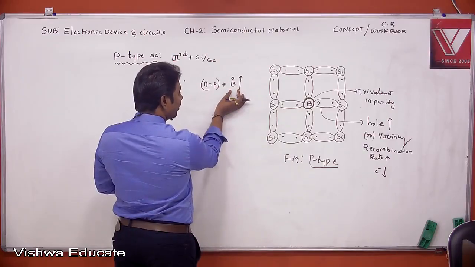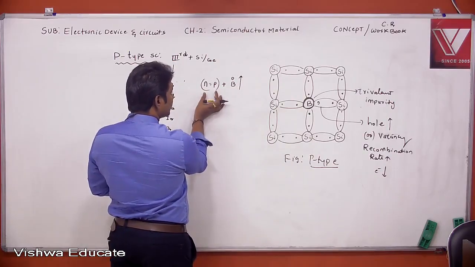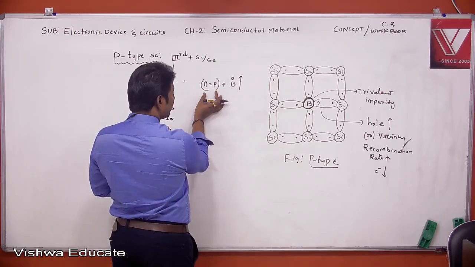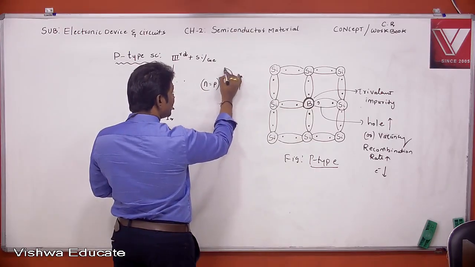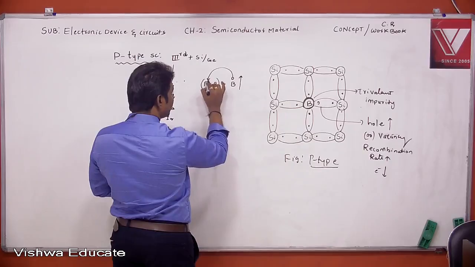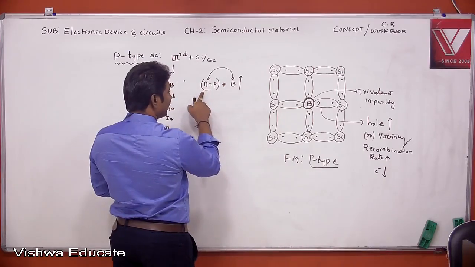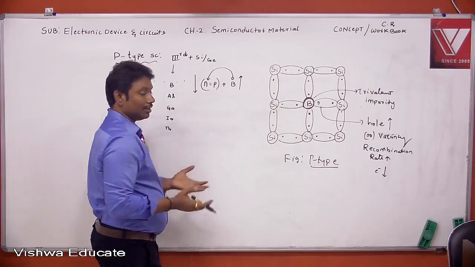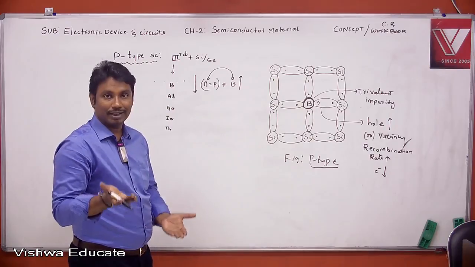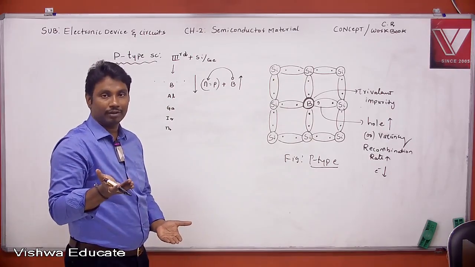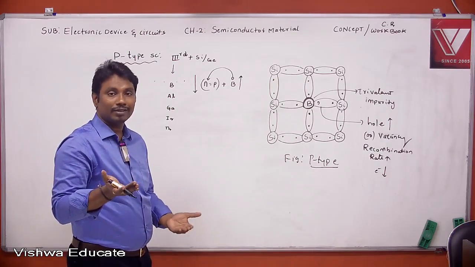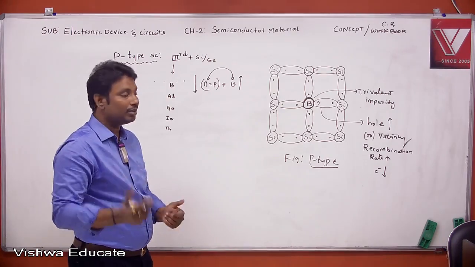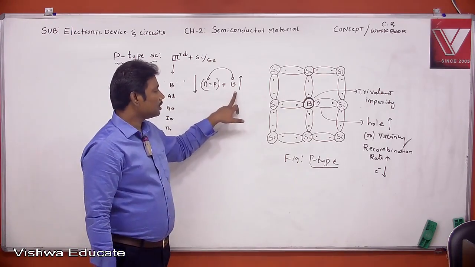See, when we add this trivalent impurity to the pure form of semiconductor, what happens? You know, a few holes are recombined with the electrons present in the intrinsic semiconductor, right? So due to which, electron concentration is decreased. On one side the hole concentration is increased because of adding of trivalent impurities. On the other side the electron concentration is decreased due to recombination. That means in a p-type semiconductor, which one is the majority?